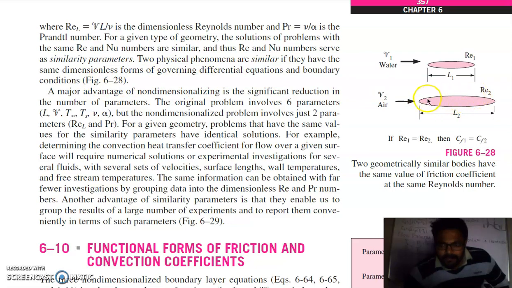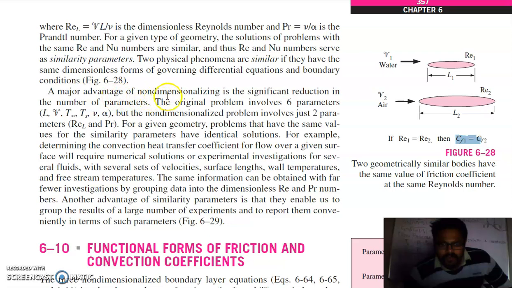You can see here, when water is flowing over this plate and when air is flowing over this plate, because the shape is the same and the governing equations are the same, two geometrically similar bodies have the same values of friction coefficient at the same Reynolds number. Because their Reynolds number is the same and geometry is the same, their friction coefficient will be the same.